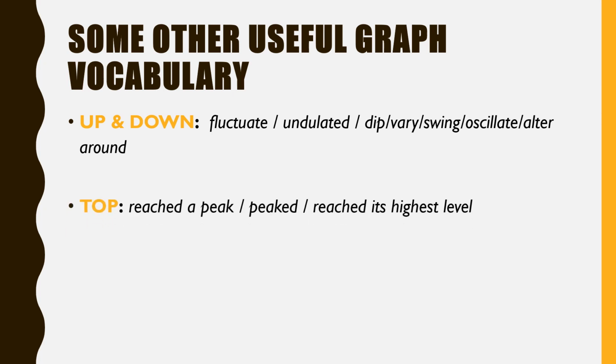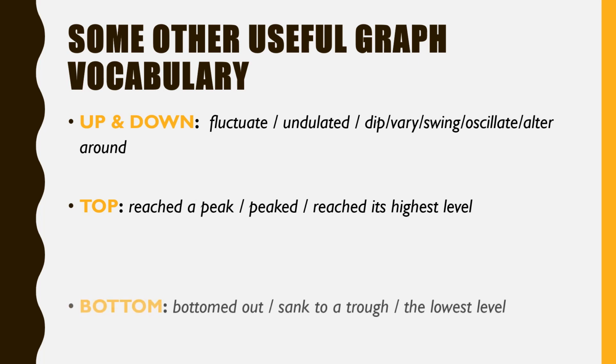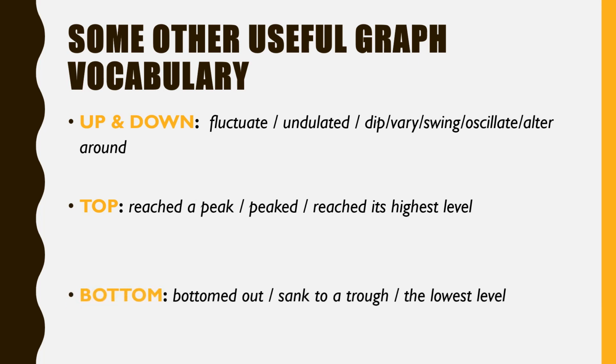Sometimes the graph reaches the top. In that case, we can use words like reached a peak or peaked, reached its highest level. On the contrary, when it reaches the bottom of the graph, we can use words like bottomed out, sank to a trough, the lowest level, etc.